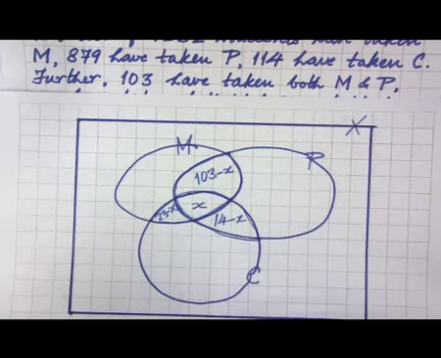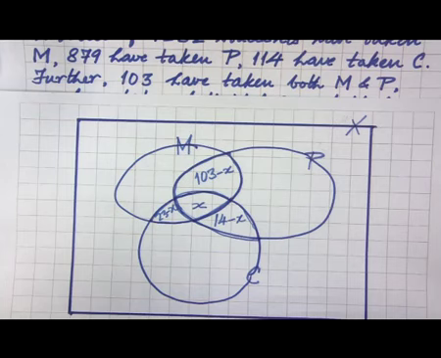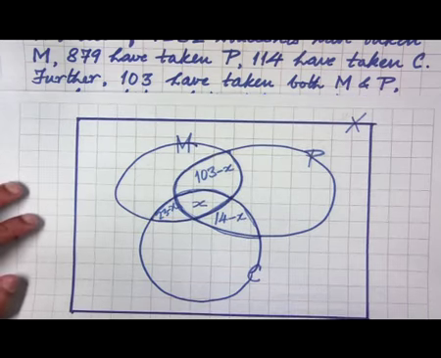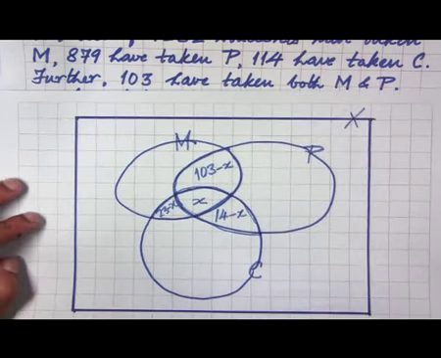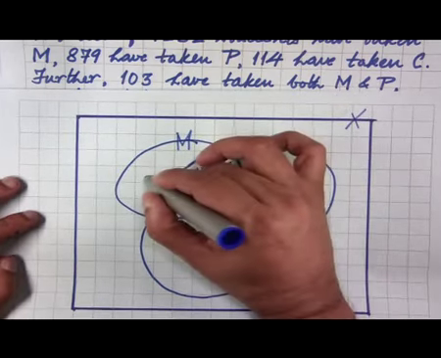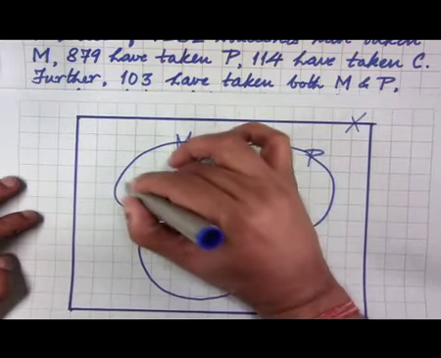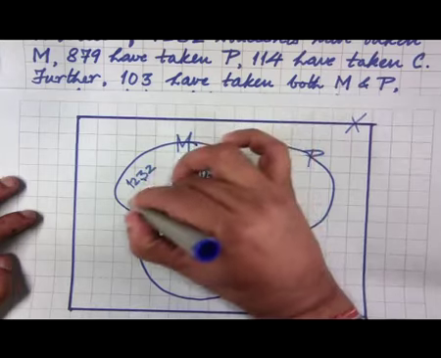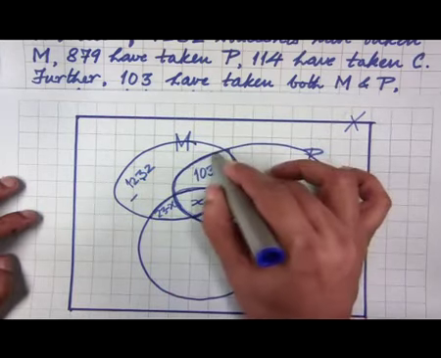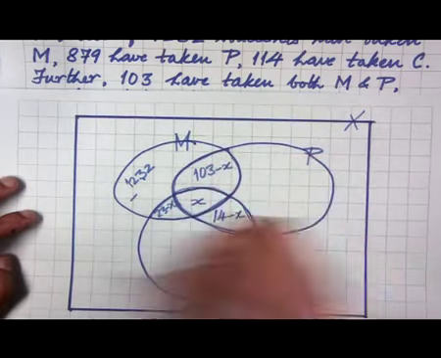I've filled out 4 of these 7 ovals. What are the 3 remaining ovals? Well, you have a total of 1,232 students who've taken mathematics. A little bit of addition to be done. This number that I'm going to fill in will be, and I will let you do the calculation, 1,232 minus the sum total of what you see in these 3 regions.